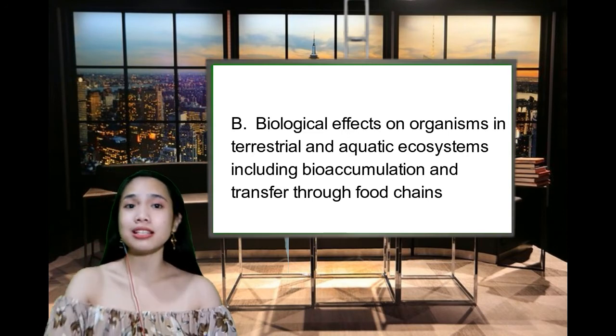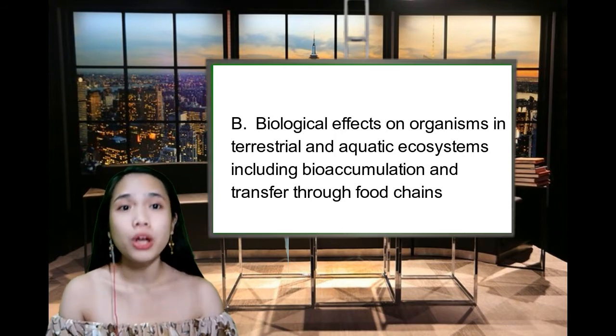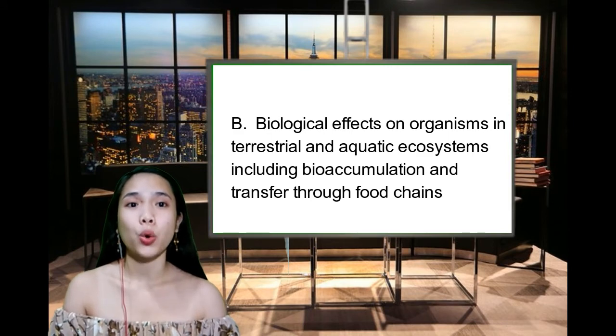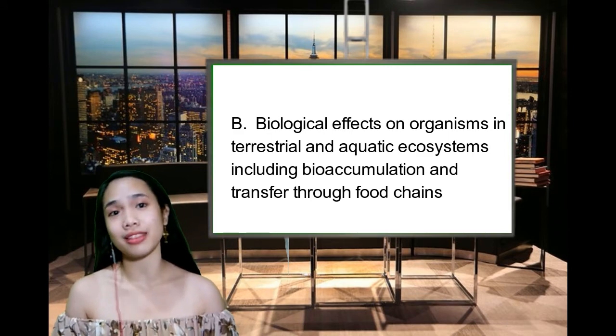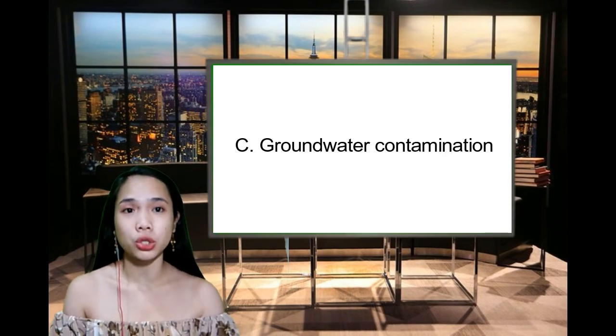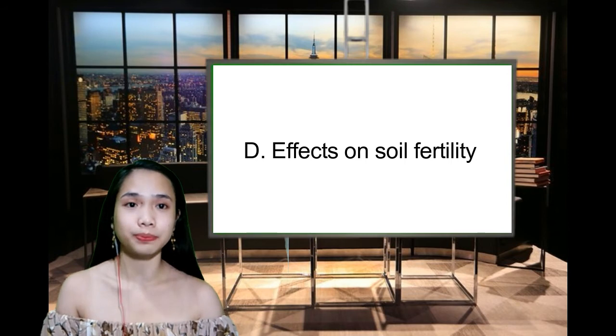So, meaning these pesticides could actually travel down or even up the food chain. So, meron din possibility na we are affected by these pesticides. The third one is groundwater contamination, and the fourth one is effects on soil fertility.